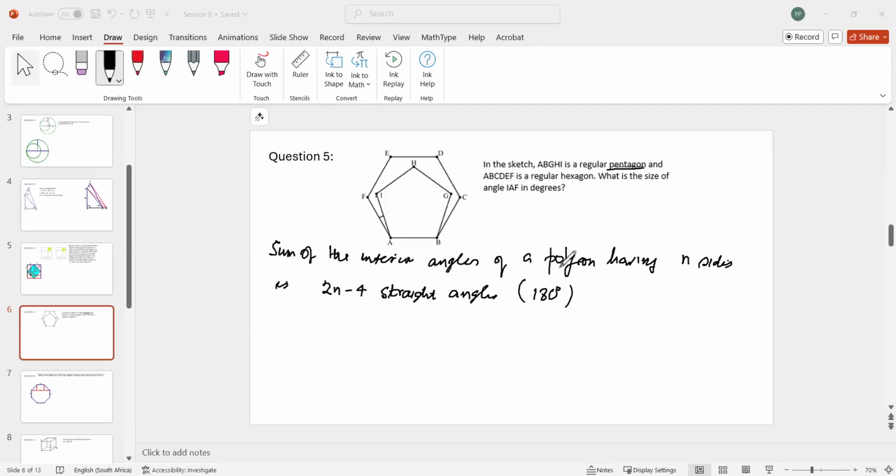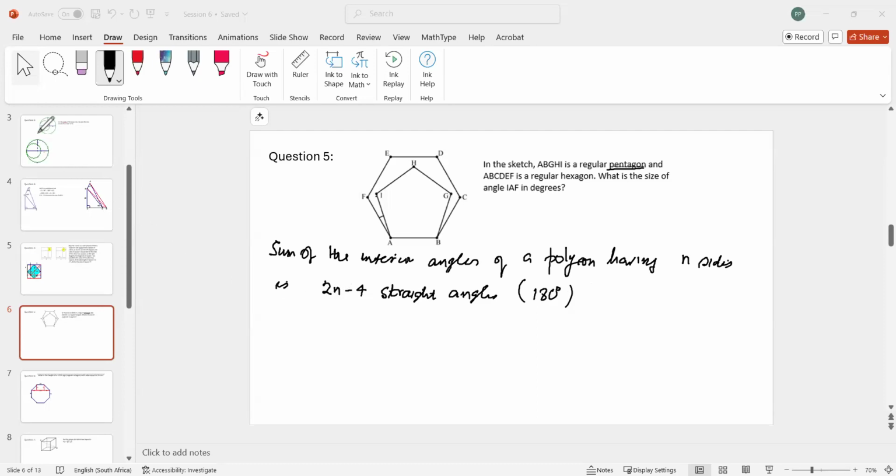For instance, if n is 3, a polygon having 3 sides, that means it's a triangle. According to this formula, 3 times 2 is 6, 6 minus 4 is 2, and 2 straight angles is 2 times 180 degrees, which is, oh, wait a minute. That's 360, so it's actually n minus 2 straight angles.